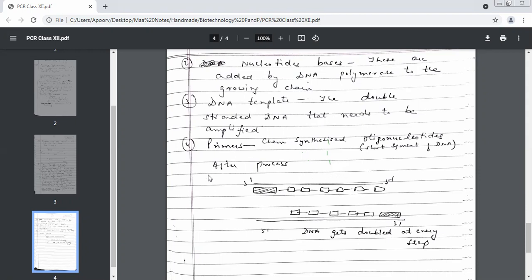So from one DNA, we have got this double-stranded DNA, and this is the second DNA that we have got. So from one DNA, how many double-stranded DNAs do we have? 2. Very good. So amplification is already done. This has become longer. What happens to DNA at every step? It doubles: 2, 4, 8 times.